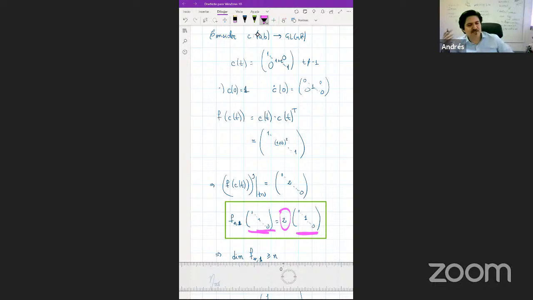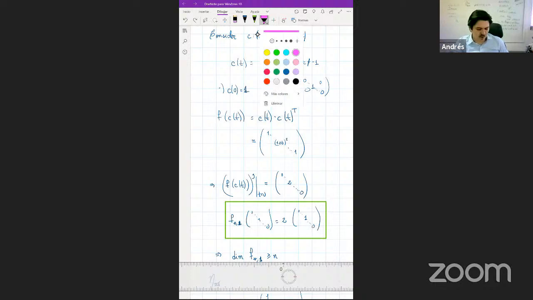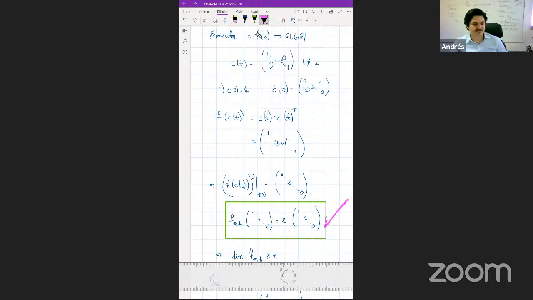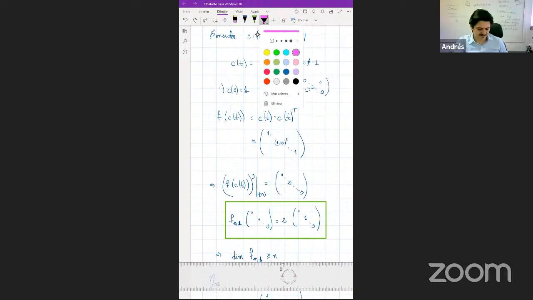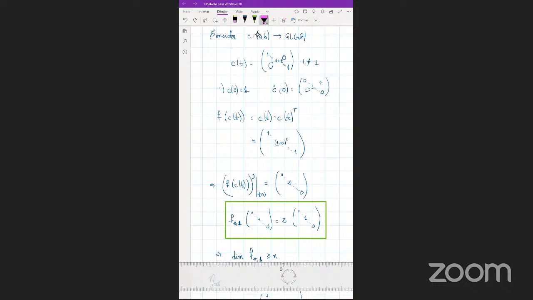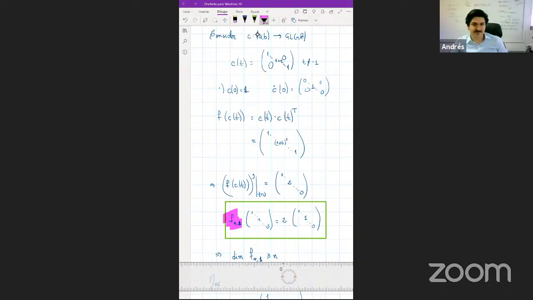For this purpose, it's not important, but basically we found n eigenvectors. Okay. Any questions on this? Jesus? Not yet. Okay. So we computed the differential.